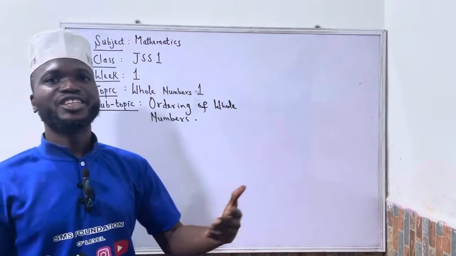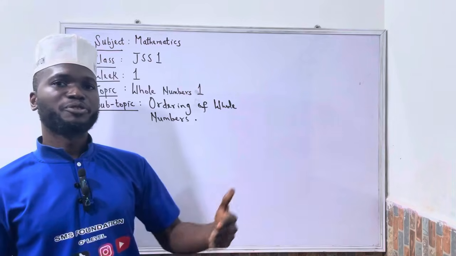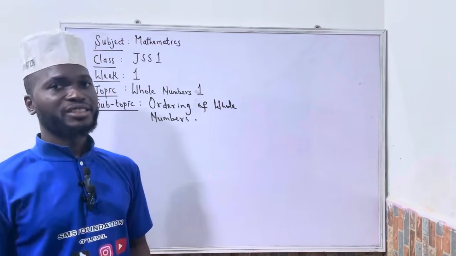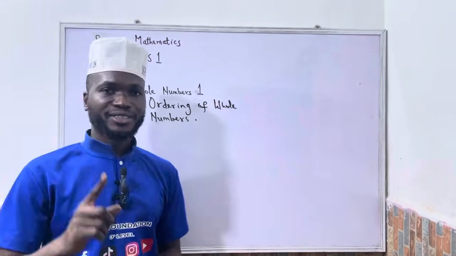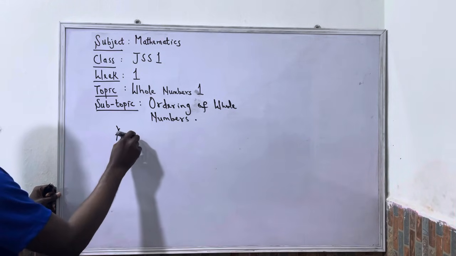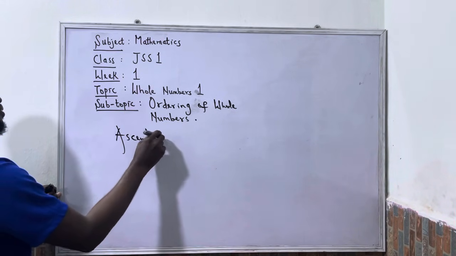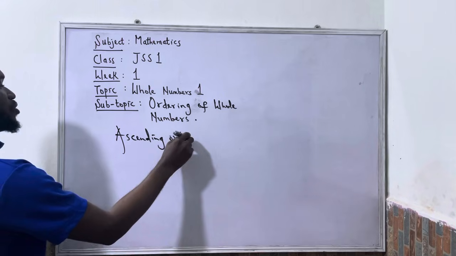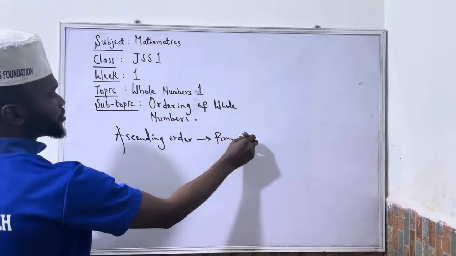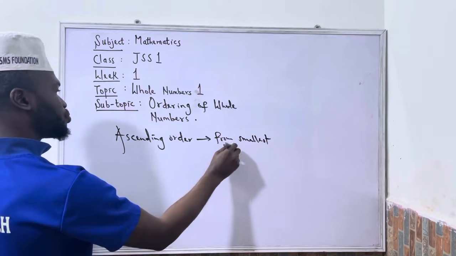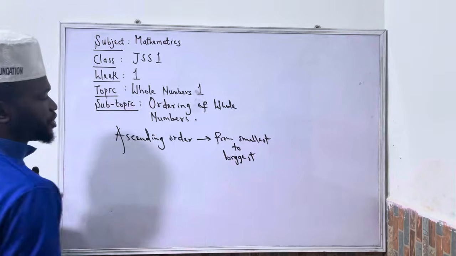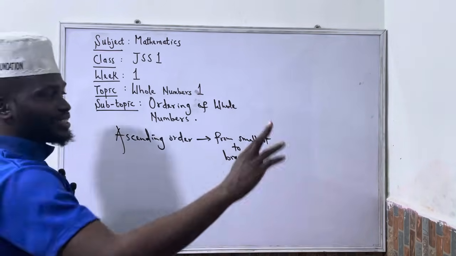So how do we arrange whole numbers? It can be from the biggest to the smallest, or from the smallest to the biggest. So what does that tell us? It tells us that we have 2 types of arrangement. We have ascending order. So this is from smallest to biggest, or from the smallest to the largest.